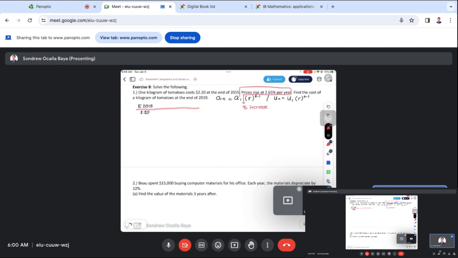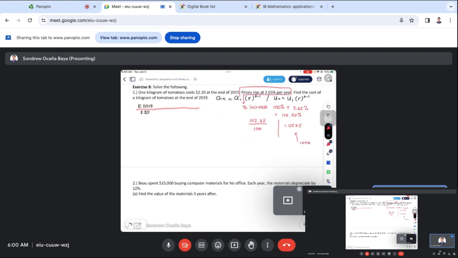Wherein the rise or the increase of 2.65% is the same as the original amount, which is 100%, added by another 2.65%, which gives you a total of 102.65%. Okay? However, we have to write this as a decimal or as a fraction. So you can either write it first as a fraction, which is 102.65% means per 100. And when you convert it into a decimal, this could be written as 1.0265. This is actually our rate.